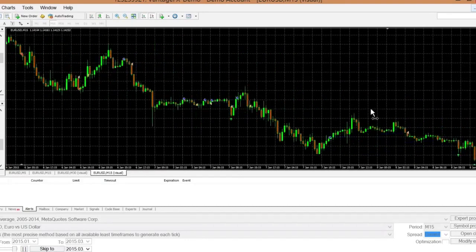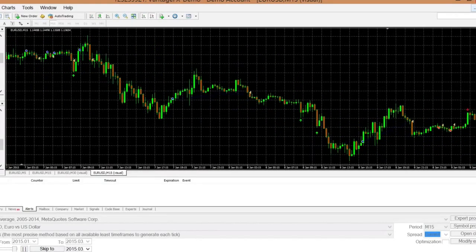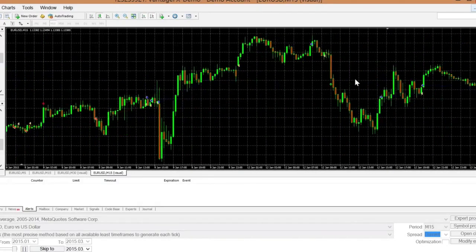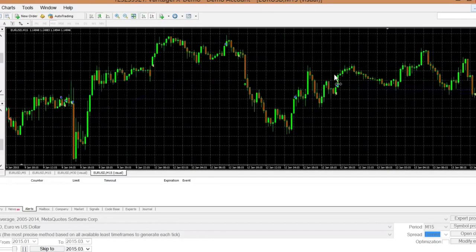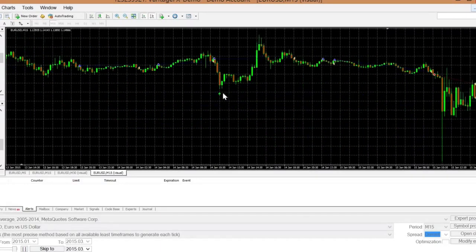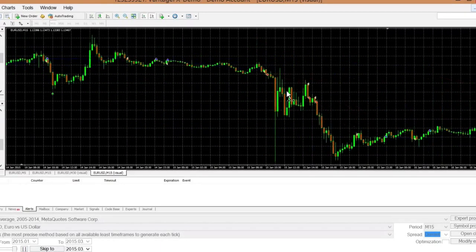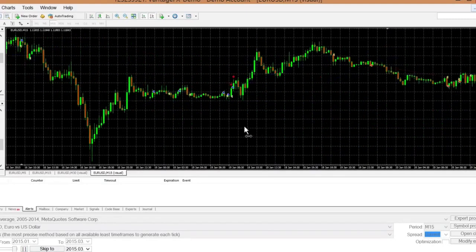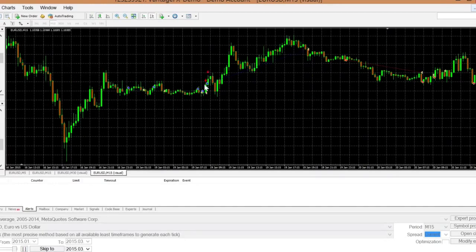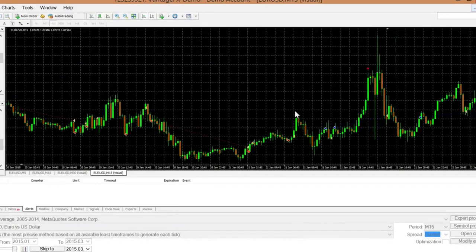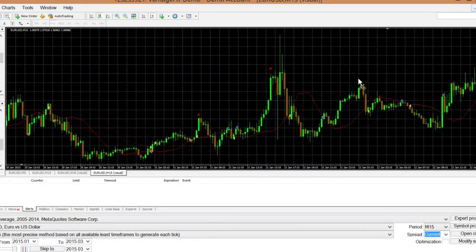Here's 2, 3, 4, 5, 6, 6-1, 7, 8, 8-3, 9, 10-3. That squeaky noise is actually the backtest when it's over.